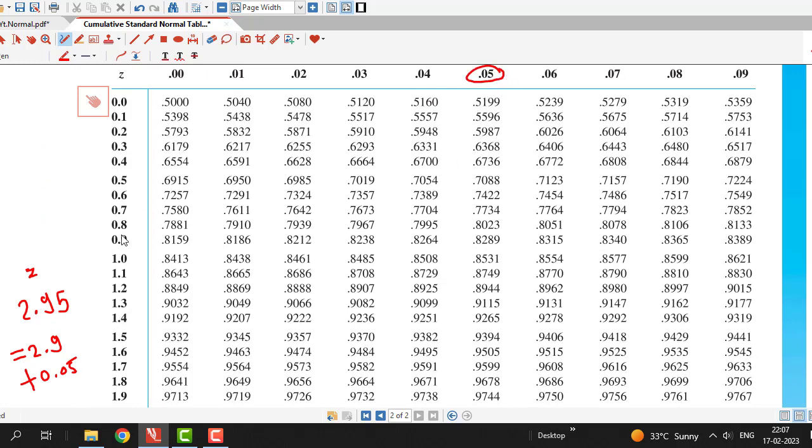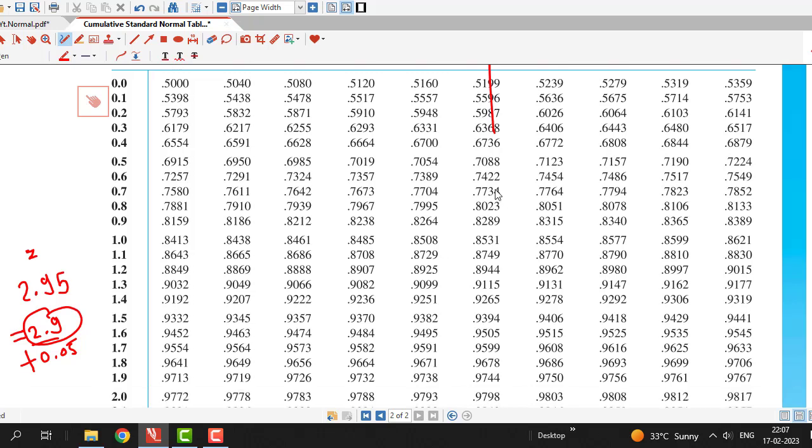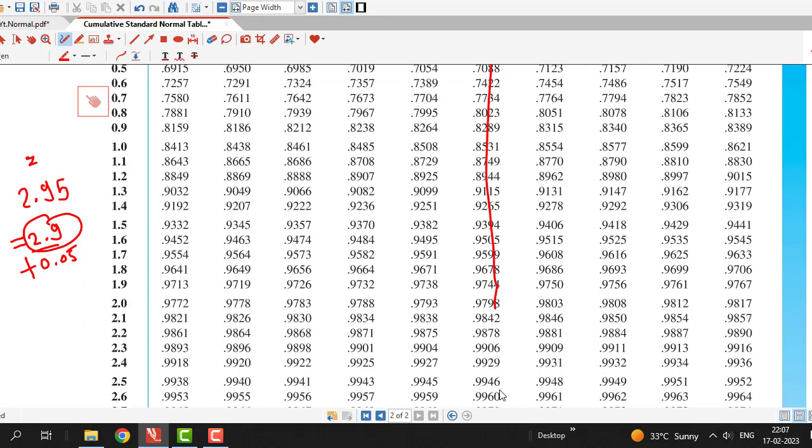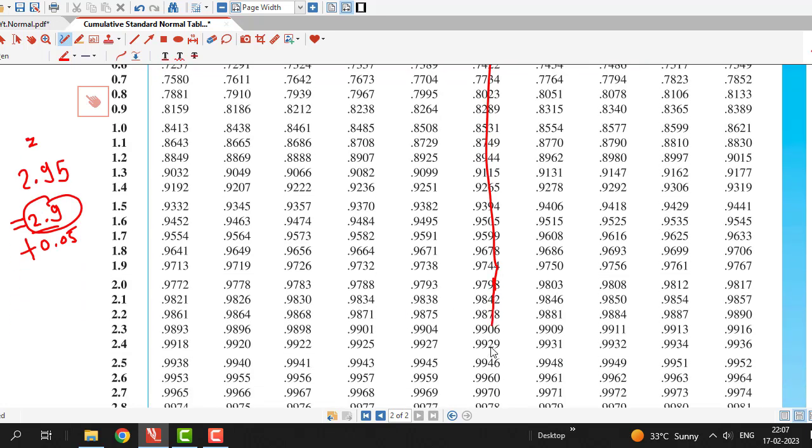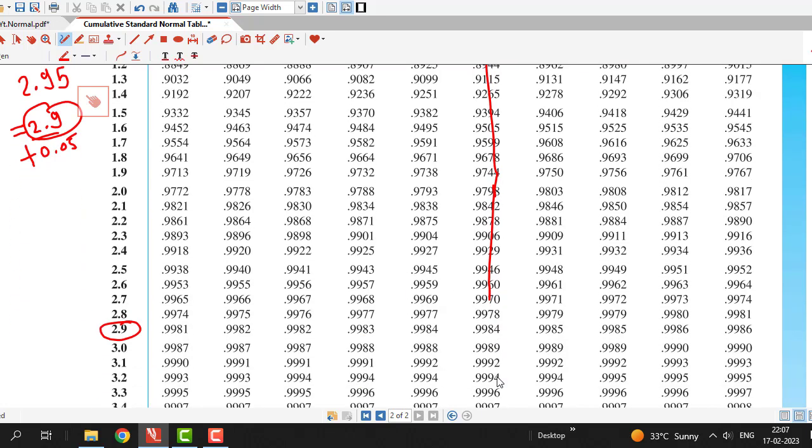So 0.05 in this column and the row corresponding to 2.9, and the intersection will give us the probability that capital Z is less than 2.95. So I have to go down up to 2.9 and then I have to take the intersection. So let me sketch clearly.